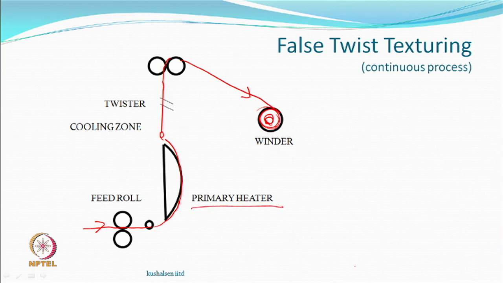Remember there is a primary heater, and a secondary heater is there, therefore the name remains primary heater. So, you have a cooling zone, then the heating zone and the twister. The twist above this is 0, I believe, because you have untwisted.